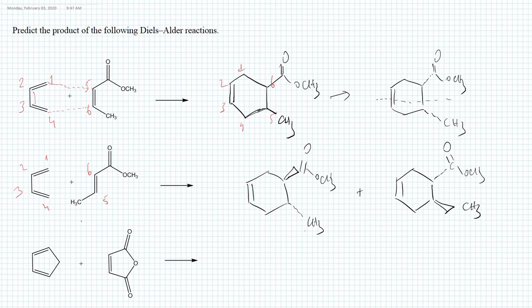The next question is a little bit different from the first two because the diene is a cyclic diene, 1,3-cyclopentadiene, and our dienophile also has electron withdrawing groups.